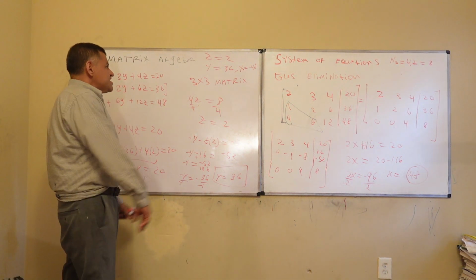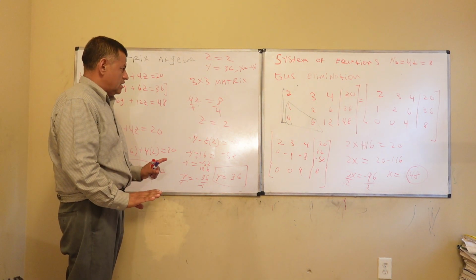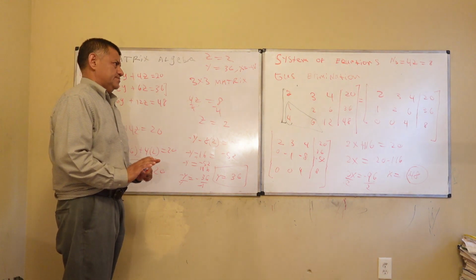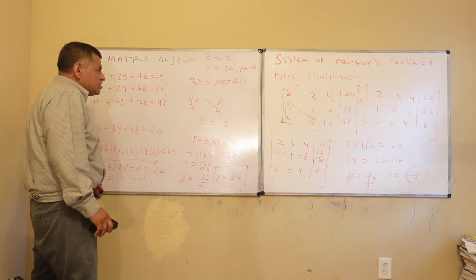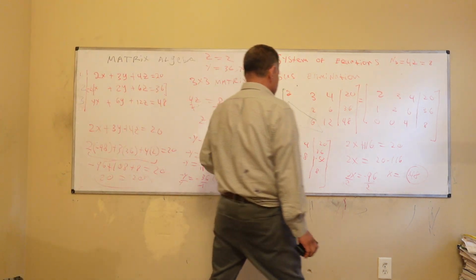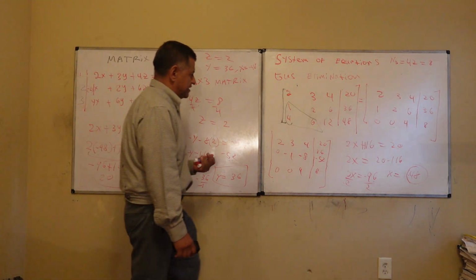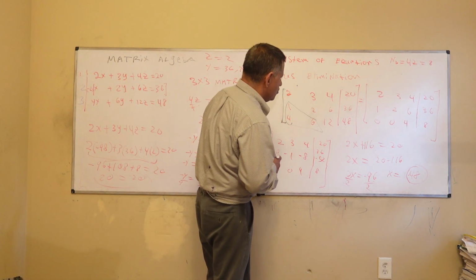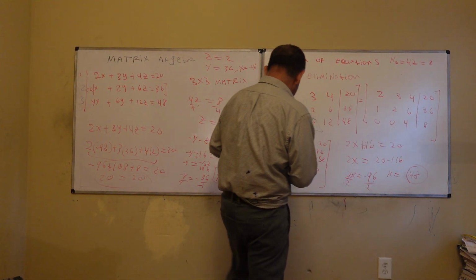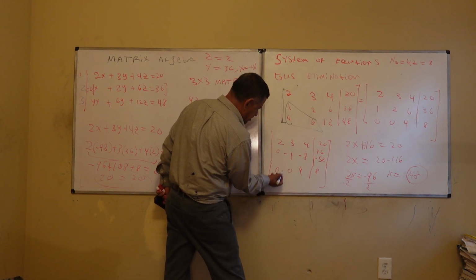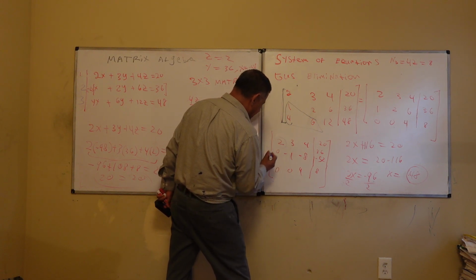Now, so we know what we got doing that method, using the Gaussian elimination. Now, let's do the row echelon. The row echelon is the same thing. We already did part of it, right? We turned these guys into zeros. We got a little triangle right here that is zeros. Now, our goal is to make this guy a 1.